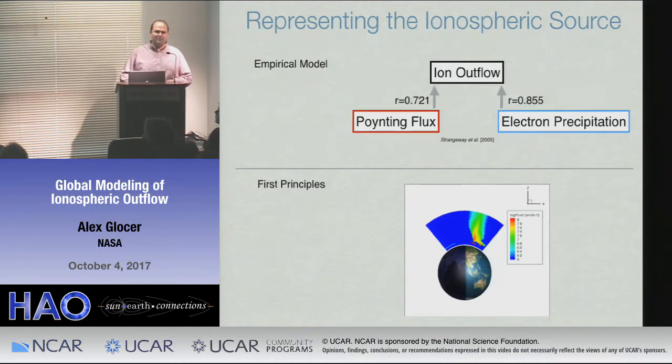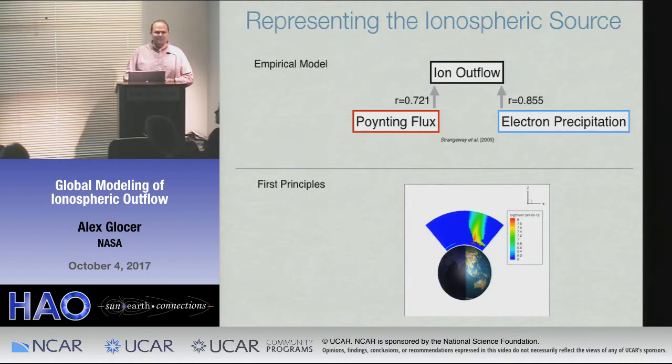In the empirical model, you have to set the density and velocity either to an average condition, or in a more sophisticated way, by tying the energy inputs from the magnetosphere in order to dynamically adjust the boundary condition.